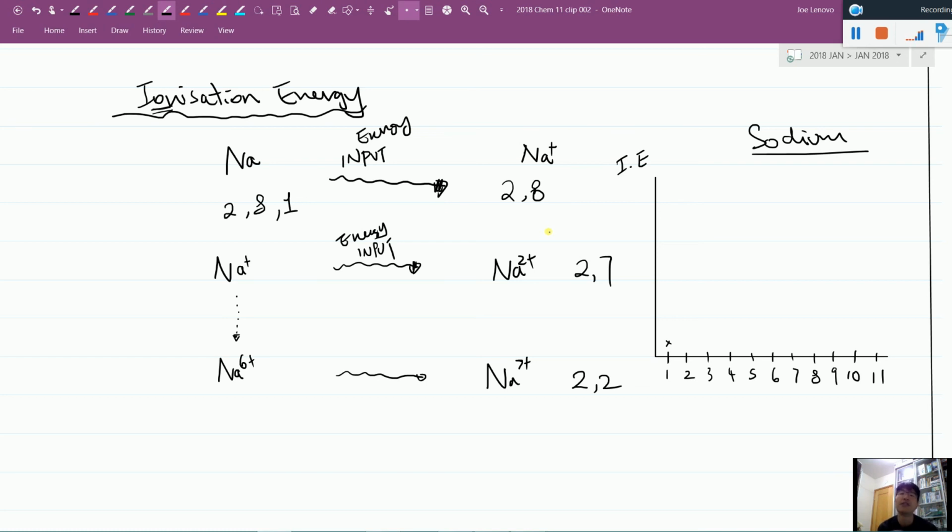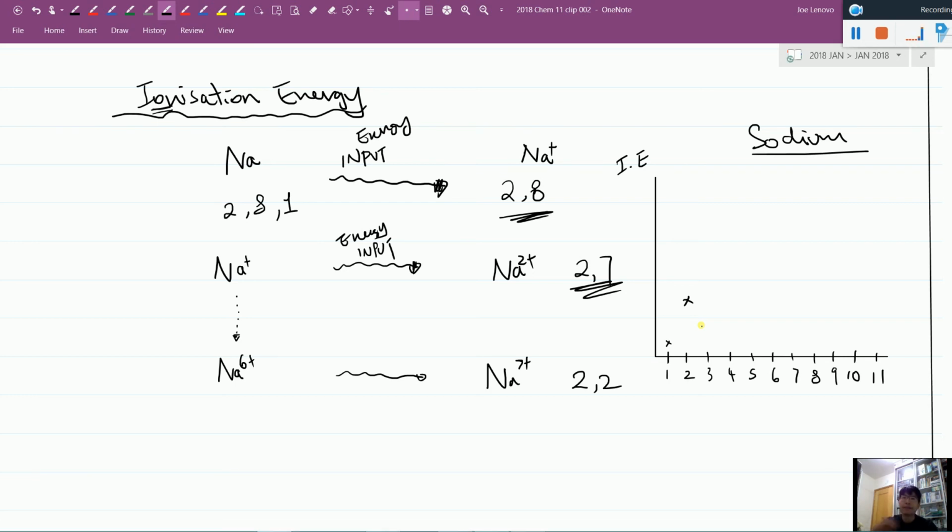When it loves it, you don't need to put as much energy. But if you try to change 2,8 into 2,7, you're breaking the octet rule. You try to fight really hard, but as long as you put enough energy, it will be like this. Then there is a big jump.